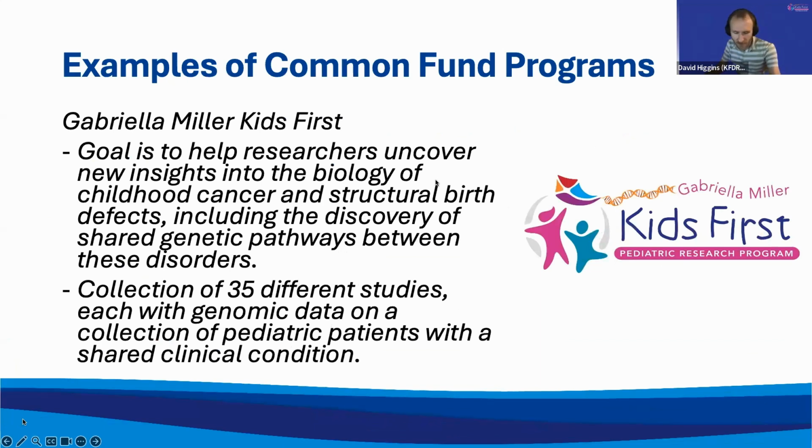Well, we have heart defect data, so would it sit in the heart, lung, and blood? But we also have kidney data, which has its own NIH Kidney Institute. But there's also an NIH Pediatrics Institute as well, which also feels like a good spot for this. And so this is where the Common Fund exists, to support programs like Kids First and GTEx that can support projects from multiple places.